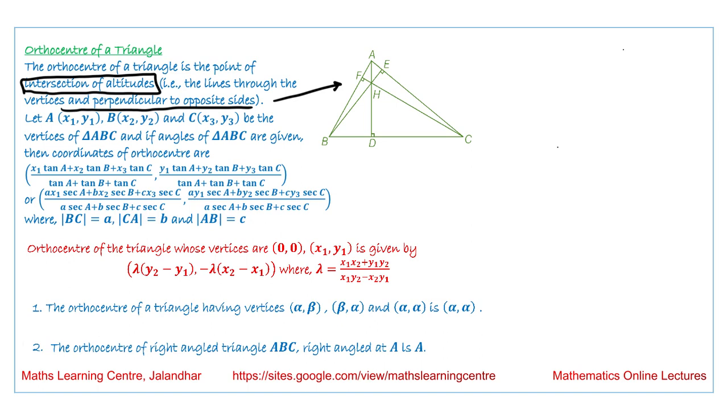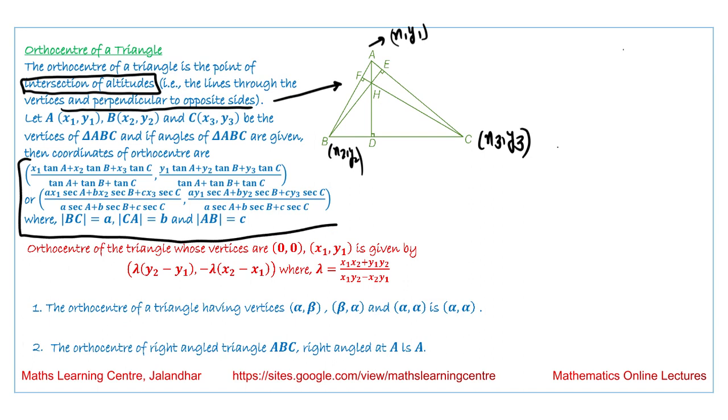So if A has the coordinates x1, y1, B has the coordinates x2, y2, and C has the coordinates x3, y3, these are the vertices of the triangle ABC. Then the coordinates of the orthocenter are given by this formula. These results you can remember as they are. We are not going into the details of the proofs of these formulas. You can just remember these formulas.